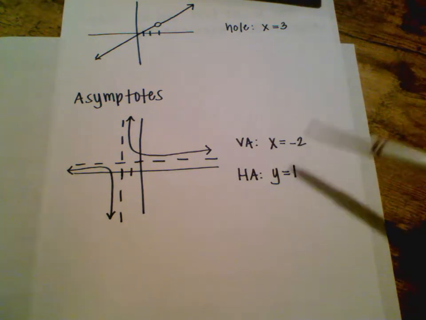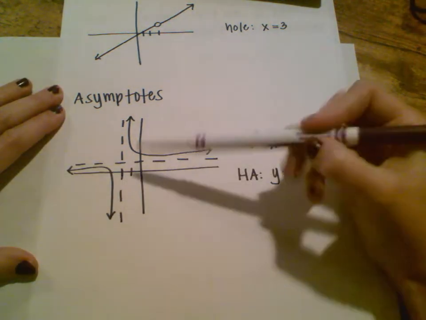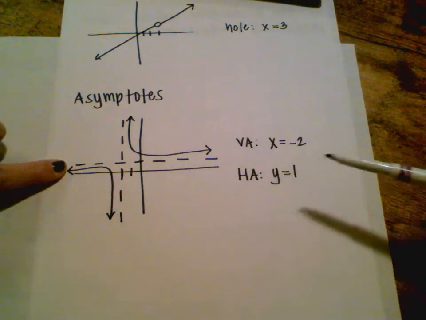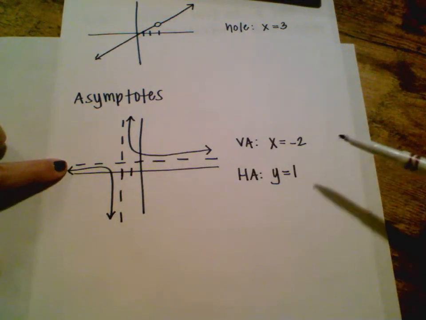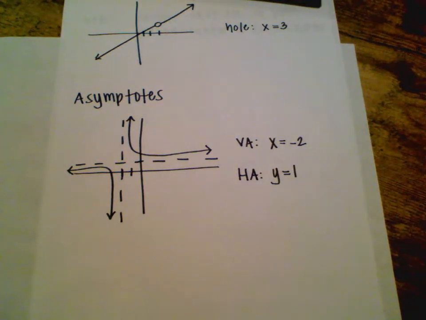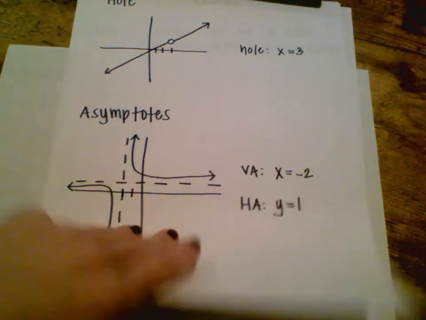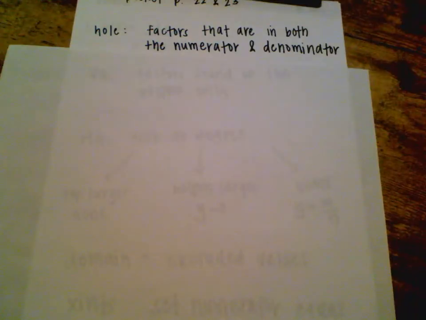The graph also has a horizontal asymptote right here at 1, and because that's an imaginary horizontal line, it's in the form y equals. Okay, so let's look at some equations and learn how to find the asymptotes and or holes.